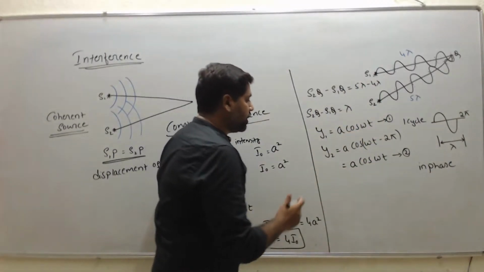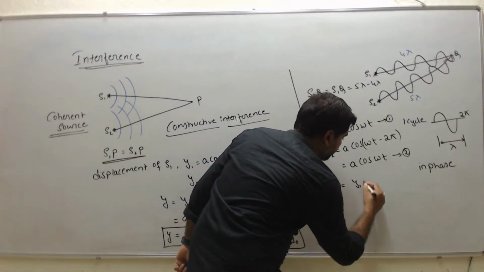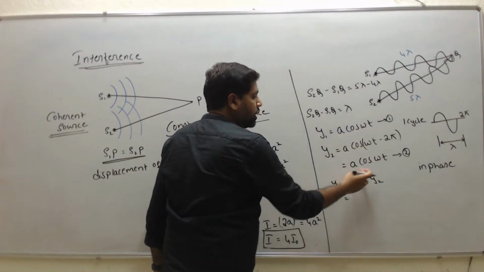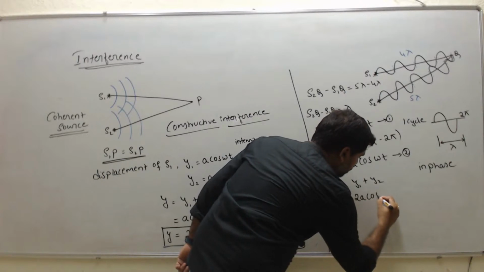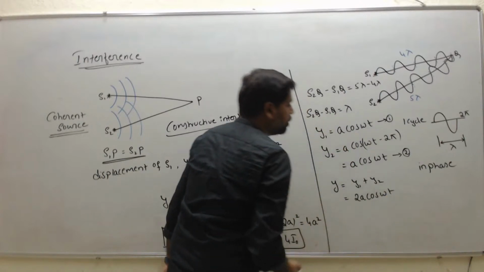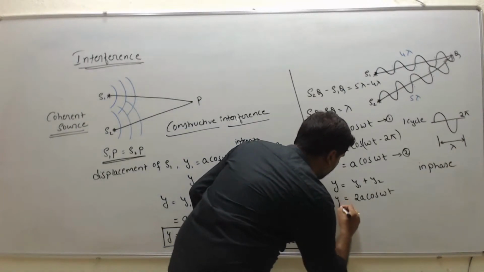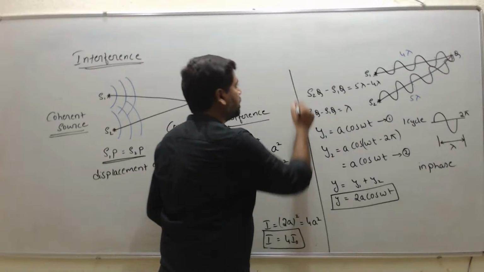Hence if we write the resultant displacement, then y equals y1 plus y2, that is A cos omega t plus A cos omega t, we get 2A cos omega t. So this is the resultant displacement for the second case.